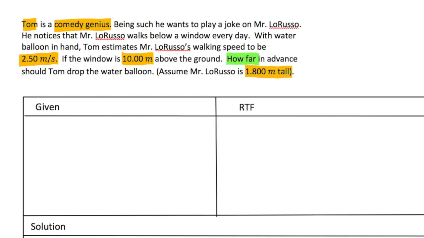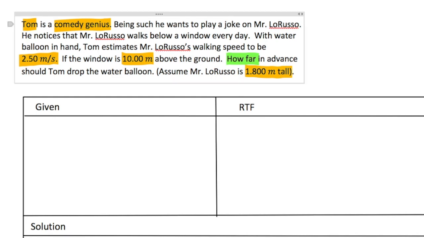All right, so a couple of things that are going on here. One, we have a water balloon that is falling. Two, we have me who's walking along the ground. So in this problem, we actually have things happening in the y-axis and things happening in the x-axis.